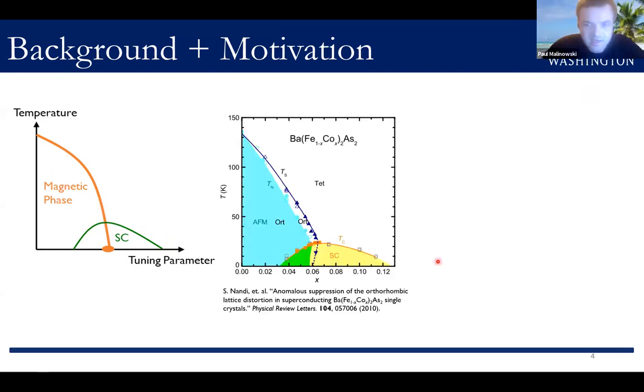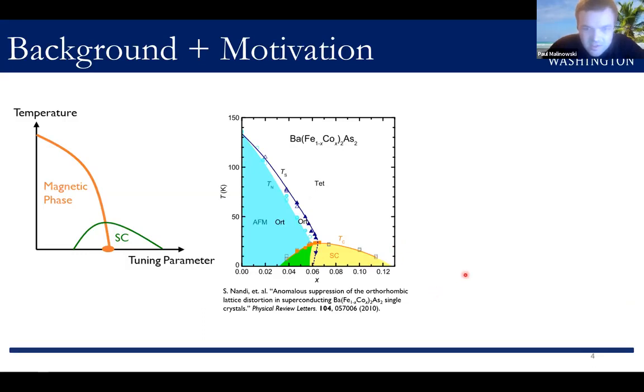Now in the iron-based superconductors, there's also the electronic nematic phase, which appears near or simultaneous with the magnetic transition, in which the electronic fluid breaks the C4 rotational symmetry of the underlying lattice. And this nematic phase is also suppressed along with the magnetic phase and ends in its own possible quantum critical point near optimal doping.